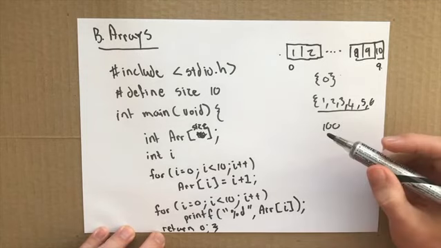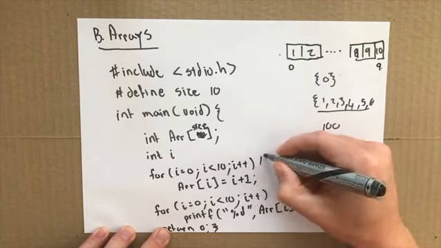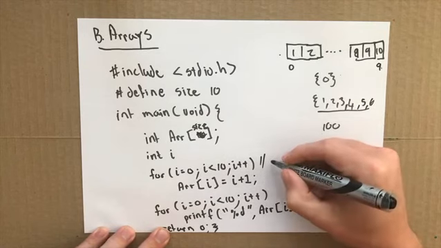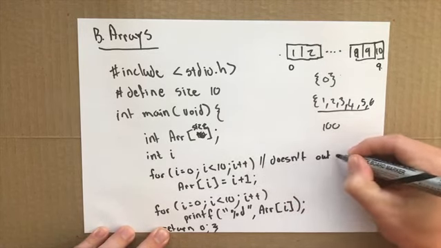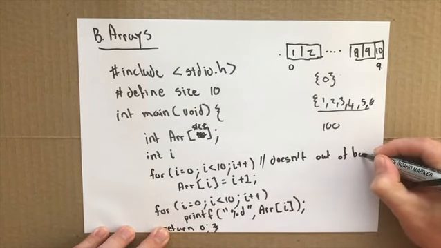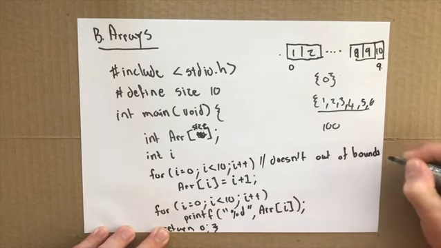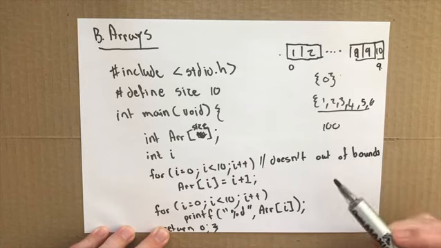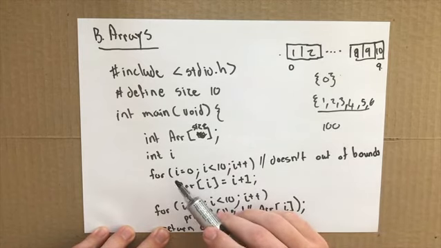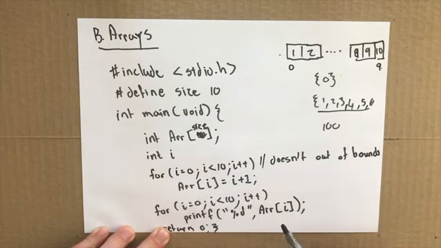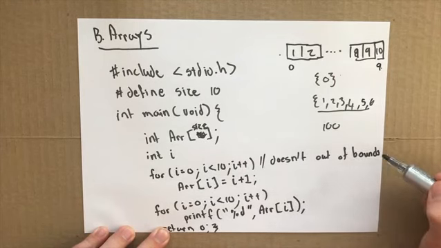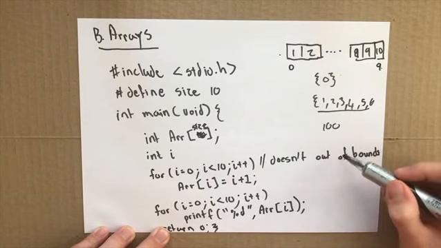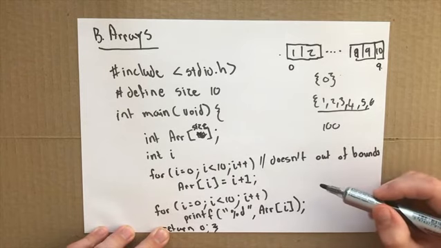Just one disclaimer: make sure that your for loop doesn't go out of bounds. We have talked about this error, but please make sure that your for loop doesn't go out of bounds, because this will give you a problem. Unfortunately, the out of bounds error is not always picked up by the compiler.